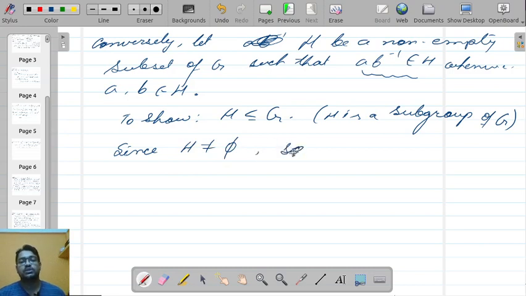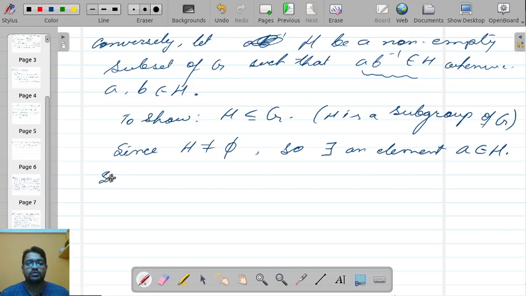So H is non-empty means what? It has at least one element. So there exists an element A in H. We know that H is non-empty, so it will have some element A. So by the hypothesis, what does the hypothesis say?